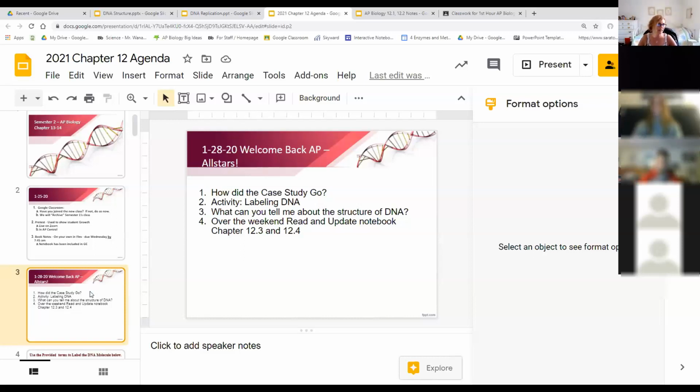Which one's the smaller molecule? Isn't the pyrimidine smaller? Yeah, it is. Purines are a double ring structure and pyrimidines are a single ring structure. And that's one of the things that Watson and Crick used. If DNA maintains the same distance between the two strands, you couldn't have purines bonding with purines and have a big wide section, and then pyrimidines binding with pyrimidines and have a skinny section, right?